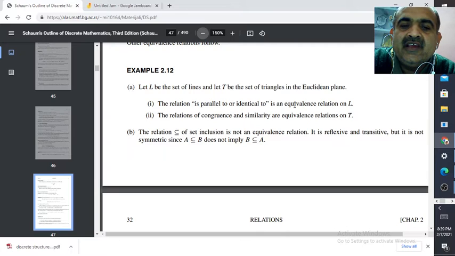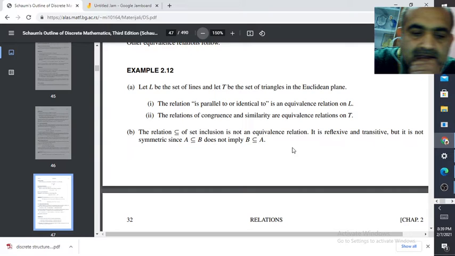First we'll see whether it is reflexive or not. Now if L1 is parallel to L2, we can say L2 is parallel to L1. This is the same thing.